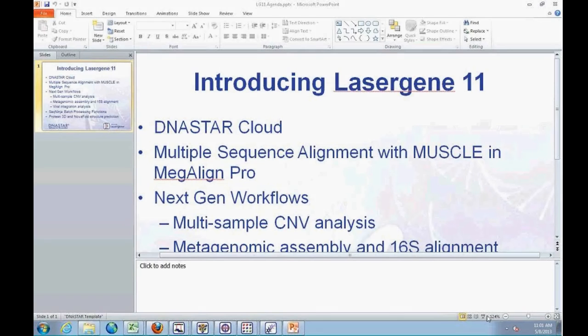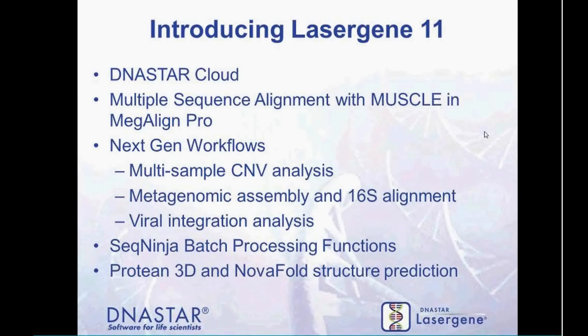So before we get started, I'd like to share with you a brief rundown of what we're going to be talking about today. To start off the webinar, we'll be discussing our brand new Lasergene DNASTAR Cloud, followed up with our other brand new application, MegAlign Pro, and we'll be doing some multiple sequence alignment in MegAlign Pro while on the cloud.